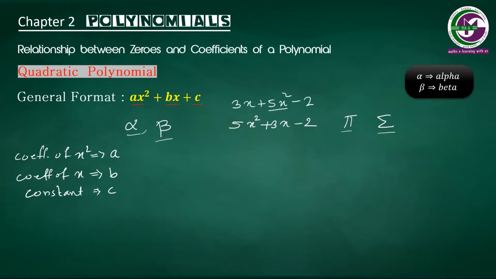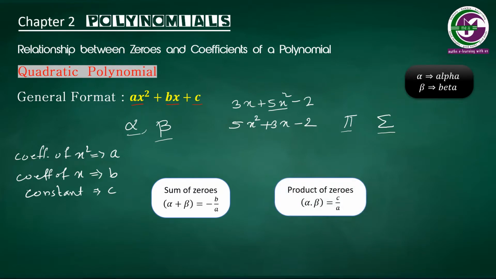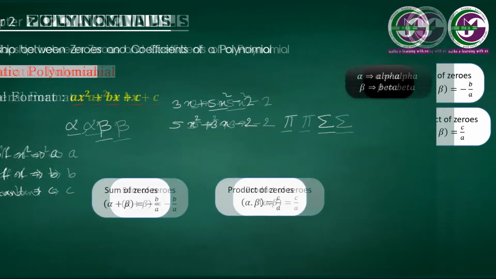After finding the zeros, if you are adding the zeros, alpha plus beta, that is sum of the zeros, it will be equal to minus b by a. So minus b by a means the coefficient of x divided by the coefficient of x square. And the product of the zeros, that is alpha times beta, will be always equal to c by a, the constant term divided by the coefficient of x square.